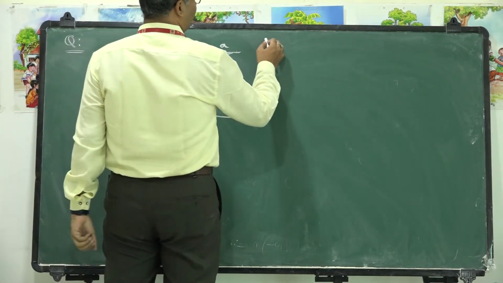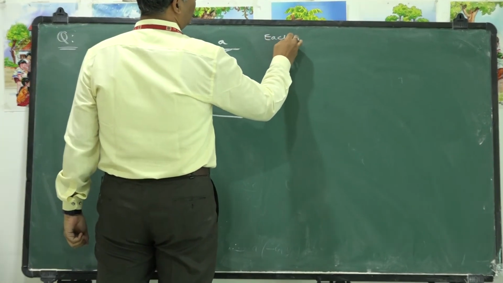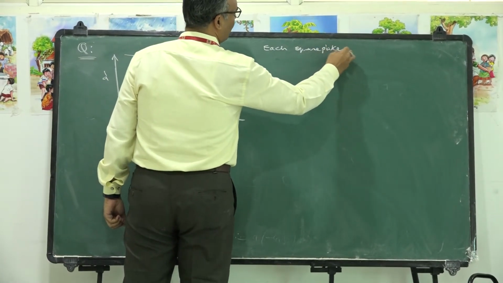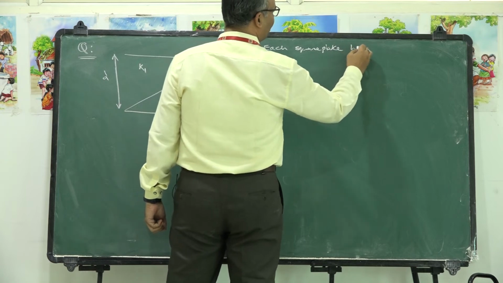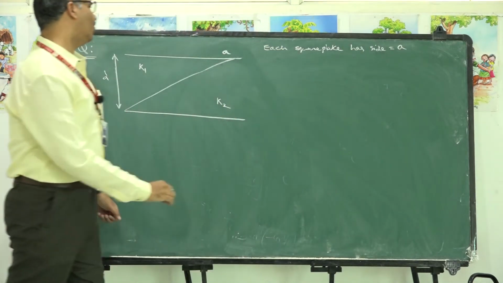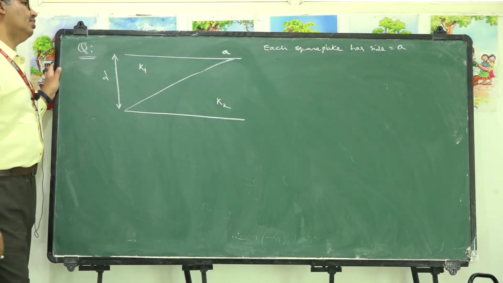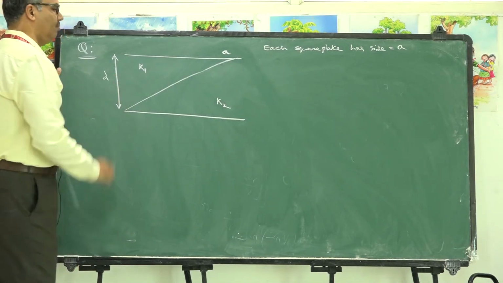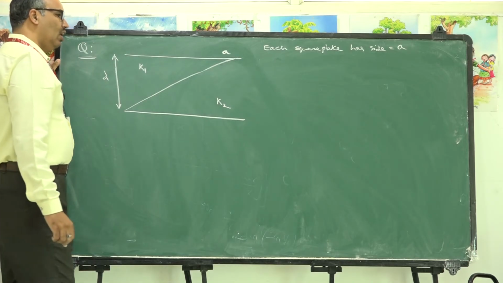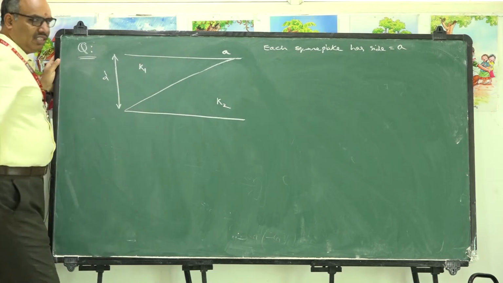So what is the data given to us? Each square plate has side A. Separation between the plates is d. Two dielectric mediums of dielectric constants K1 and K2 are kept like this.